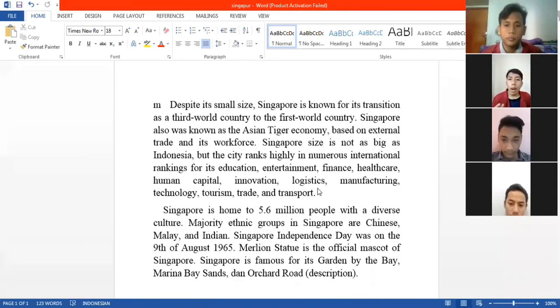Most of the verbs in this text are to be, which is known as a linking verb. Linking verb is to be, and for the adjective, it has a common adjective.